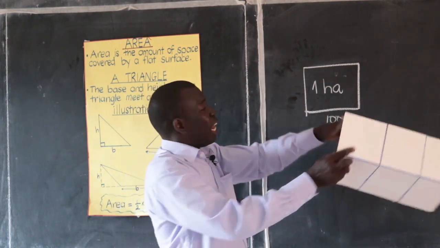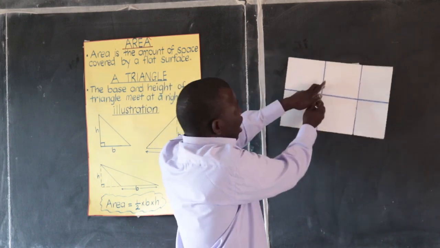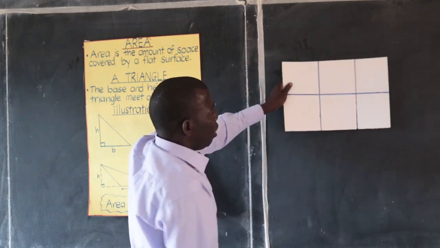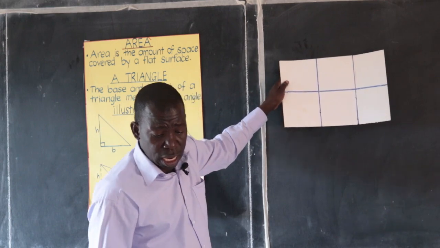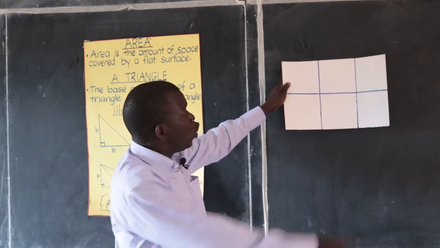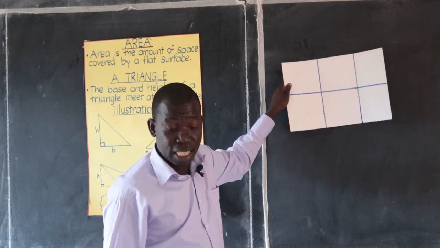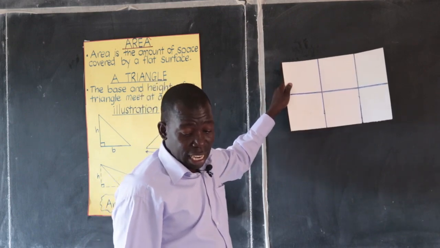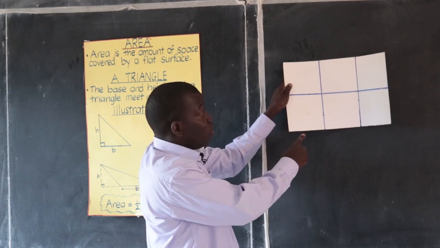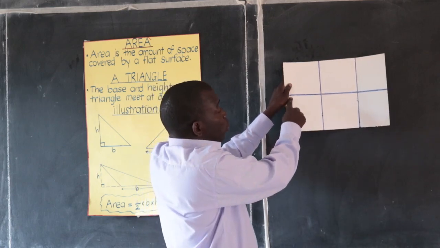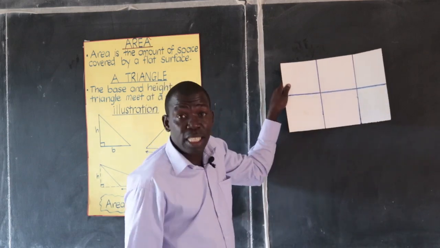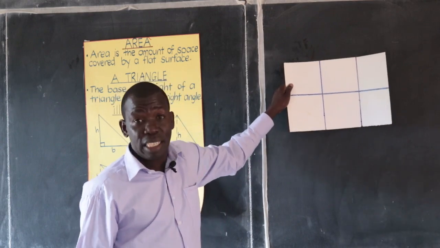So, looking at this illustration here, the simple diagram I have, when you look at this rectangular region, you see it is a region covered by, for example, 6 squares.